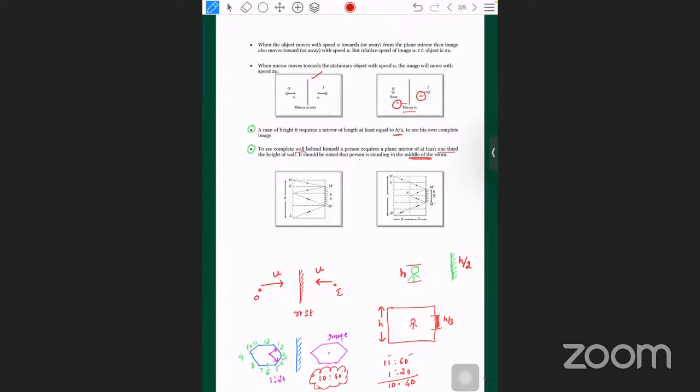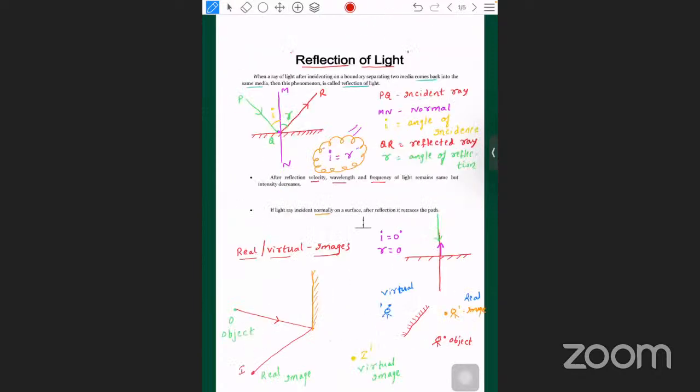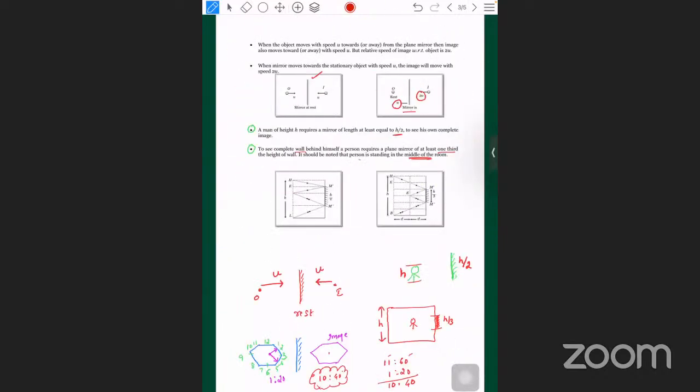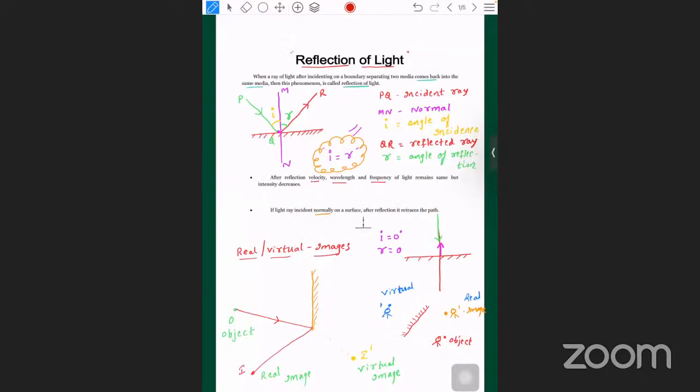Got it? If you have any doubt related to this, feel free to ask. No doubt, sir. So this is about reflection of light in the case of a plane mirror. We still have to learn reflection on spherical surfaces, the curved mirrors.